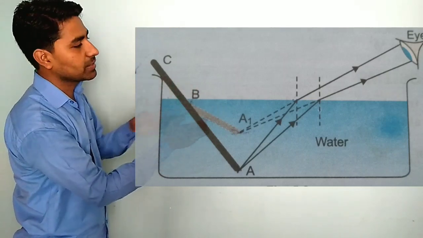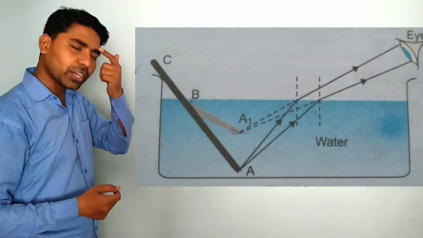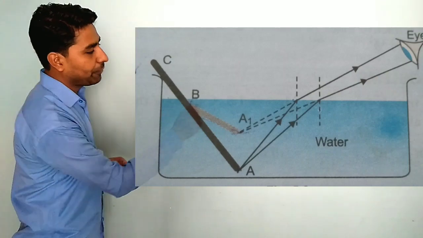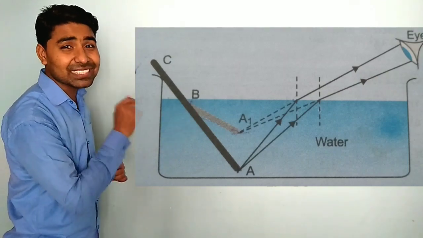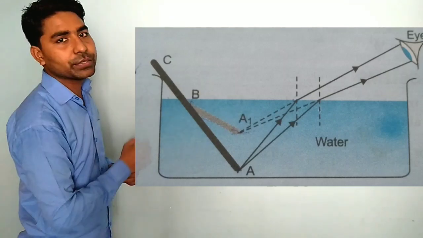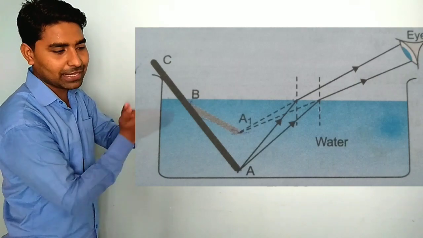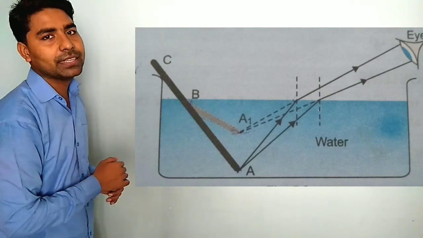Because of that shorter distance, the edge of the pencil appears there. But this is not only about the edge of the pencil. Every point of the pencil which is inside the water will appear to be there. When you join all the points, you will see the image of the pencil bent upward. This is the first example, the effect of refraction.